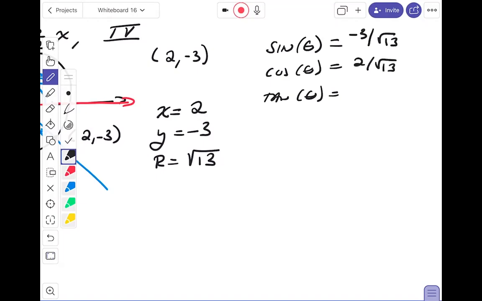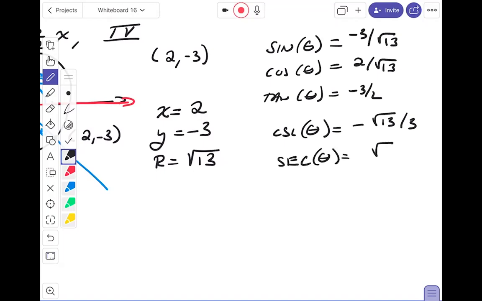And the tangent is going to be y over x, which is minus 3 over 2. Let me put down the other 3. It's going to be cosecant of theta. That's a reciprocal of sine, which is going to be minus root 13 over 3. The secant, which is the reciprocal of cosine, which is going to be root 13 over 2. We'll get an answer key and we'll look at it later. And the cotangent is going to be reciprocal of tangent, which is going to be minus 2/3.